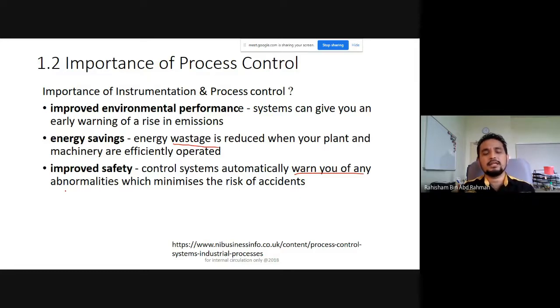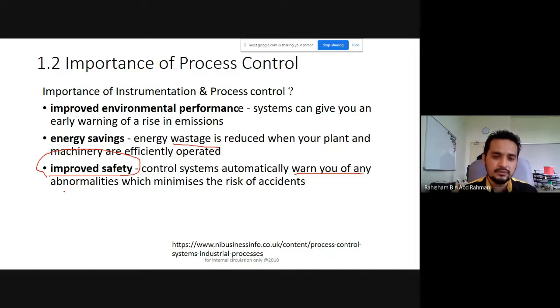Because if we just put improve safety, for example, when the test asks you to describe the importance of process control, and you just mention improve safety, yes, improve, but how can it be improved? You need to address that.